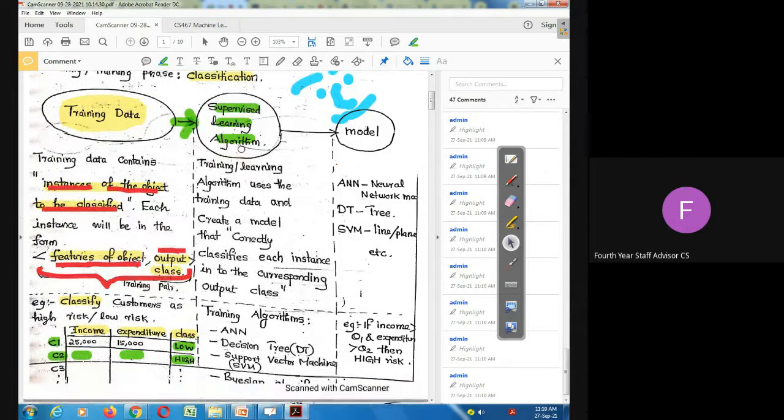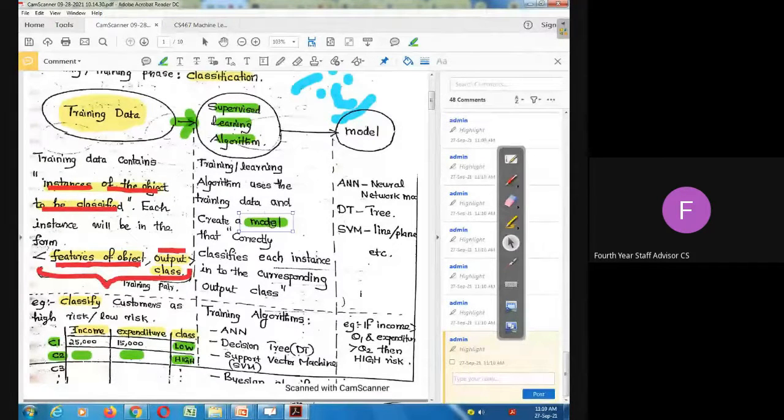Okay. So the training or learning algorithm uses the training data and creates a model.